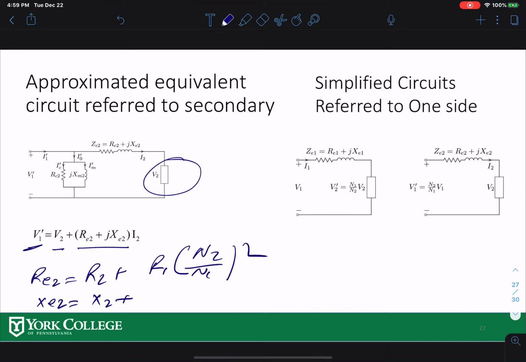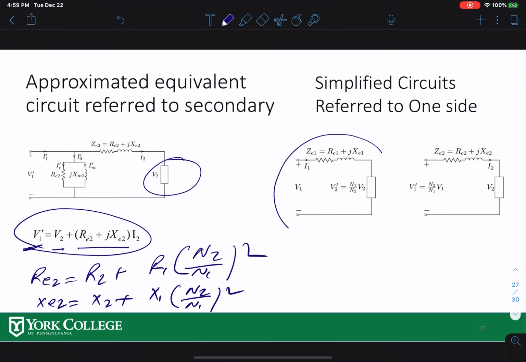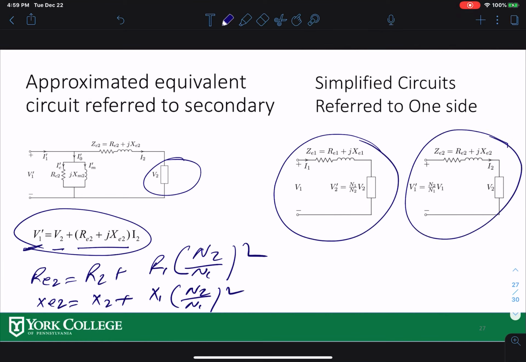It's basically X2 plus X1 times N2 over N1 squared. Now you look at it, your ratio is changed over here. It was N1 over N2, now it's N2 over N1 squared. So that means you're referring to the secondary. So this equation over here will give you the voltage referred to the secondary. And this is the simplified version referred to the primary. This is the simplified version referred to the secondary.